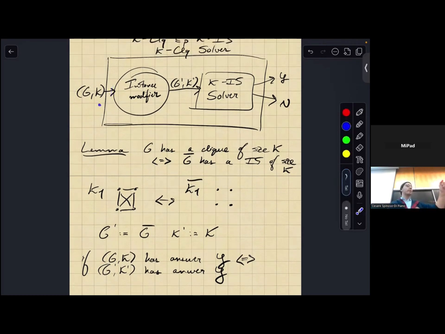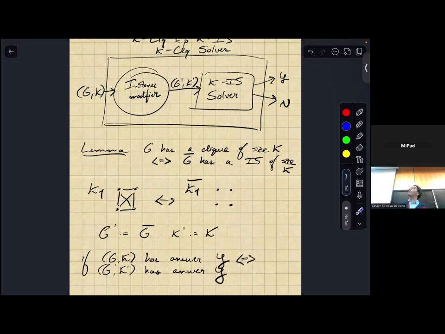So what I know is that if I have an instance of my K-clique problem, and the answer to that problem is yes, then my instance modifier preserves this yes. And if the answer is no, then my instance modifier also preserves a no. And this modification is polynomial in time, which tells me that I need only a polynomial amount of time to solve the K-clique problem with the independent set solver.